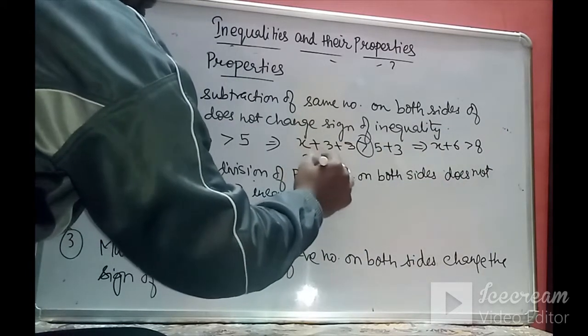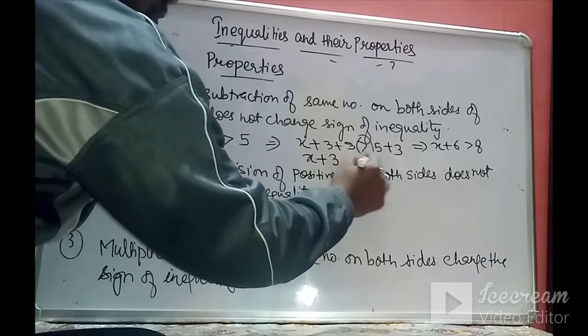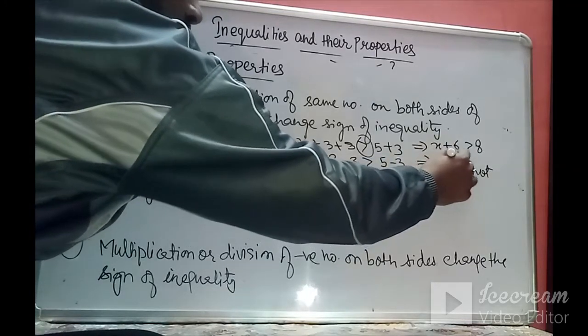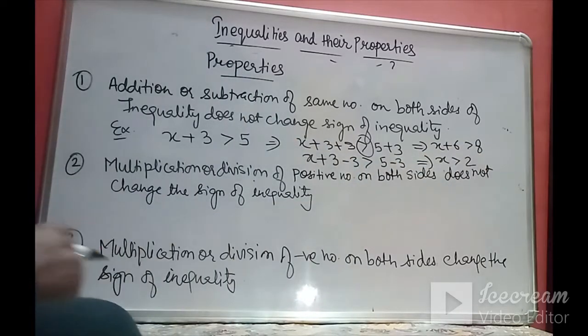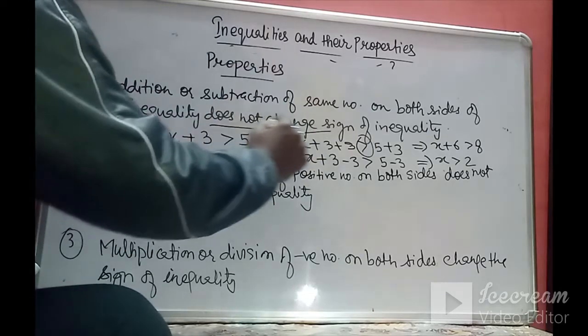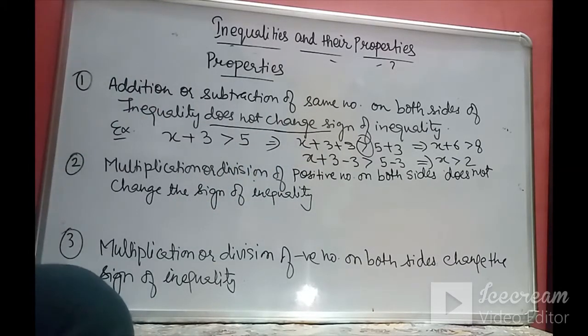And suppose I subtract 3 from both sides, again the sign will not change. So if you add or subtract the same number on both sides of an inequality, it will not change the sign of the inequality. Remember this.